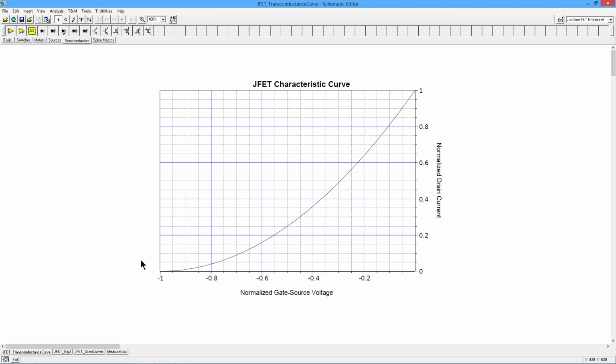Now you can do extreme examples. In other words, you can do analyses for a very high IDSS and a very low IDSS, things like that. You can also sort of shoot the middle. In other words, they'll also give you a typical value for IDSS, and you could just use that, sort of cross your fingers.